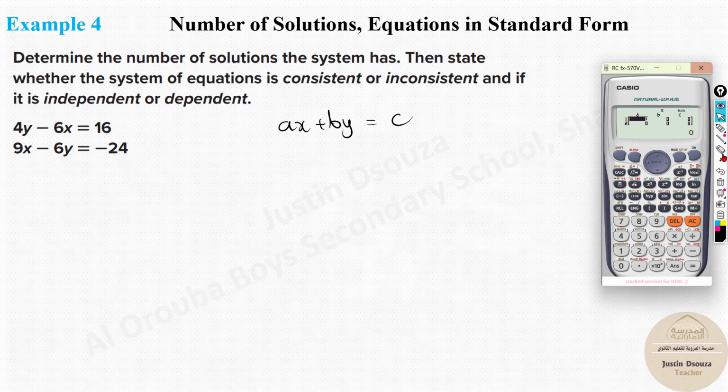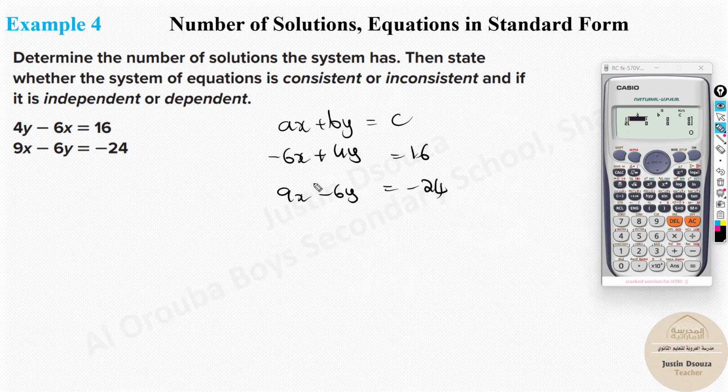So what do you do over here is, look at this. First it must be written as x terms. It will be minus 6x plus 4y equals 16, whereas the next one is 9x minus 6y equals minus 24. So these are the two simultaneous equations. Now just substitute the values as they are.